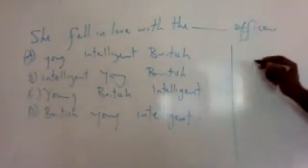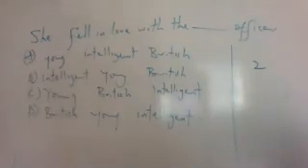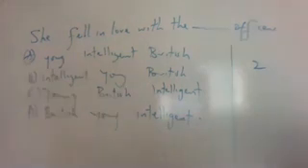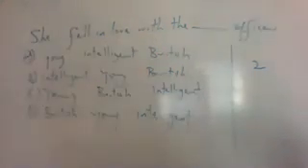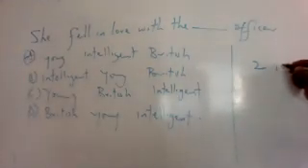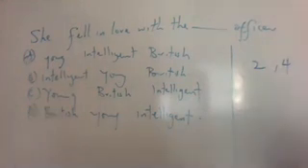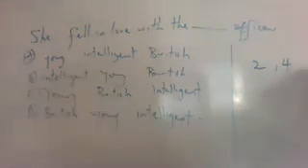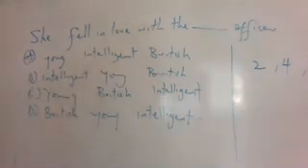Quality, that is number 2. Then 4, age. And then British, that is nationality, 7. So that is 2, 4, 7.